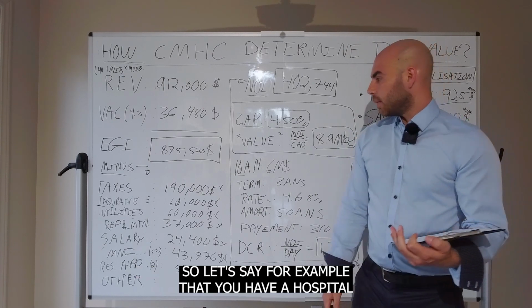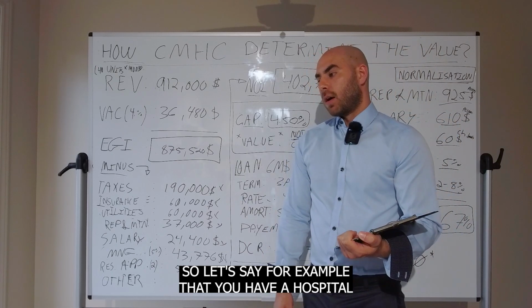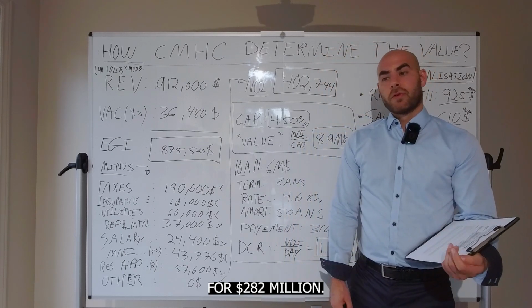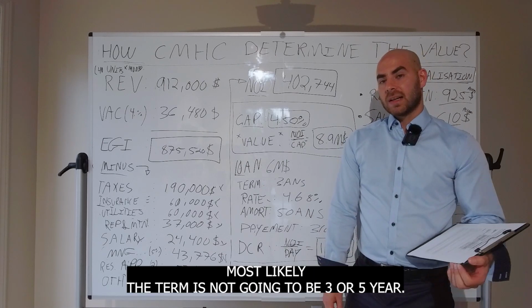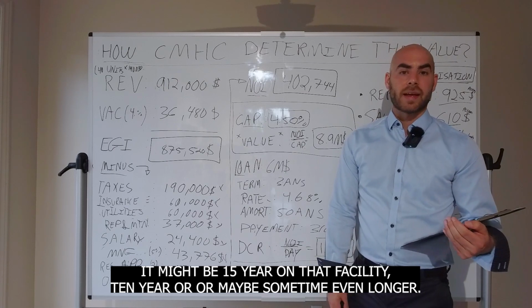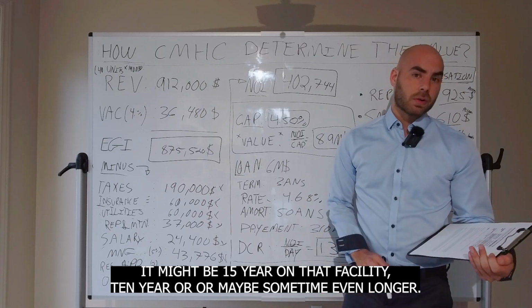So let's say, for example, that you have a hospital that needs to be constructed and it's a loan for $282 million, okay? Most likely the term is not going to be 3 or 5 years. It might be 15 years on that facility, 10 years, or maybe sometimes even longer, okay?